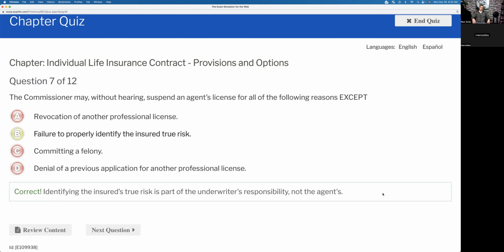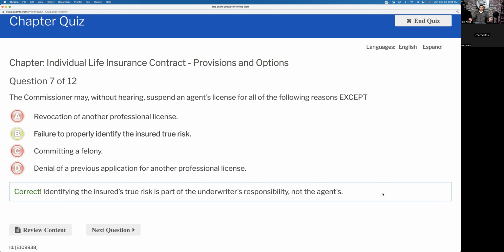I would say B, failure to properly identify the insured's true risk. The insured is a client, right? So failure to properly identify the insured's true risk doesn't make sense. Say the client says, I don't smoke, but he does smoke, but he told you he doesn't smoke.